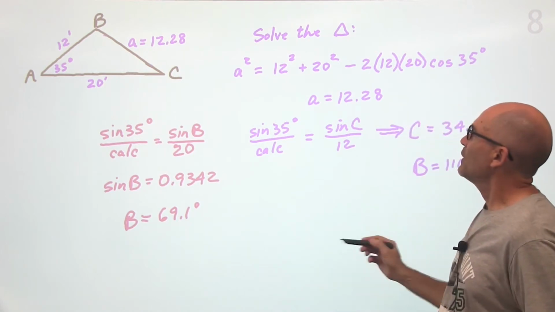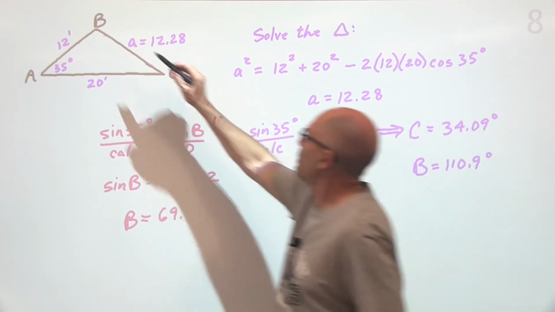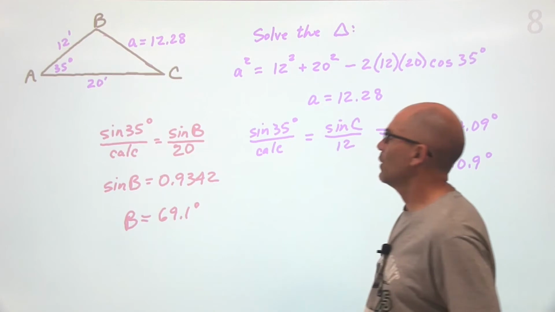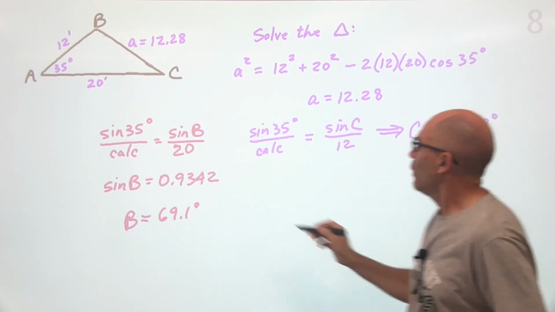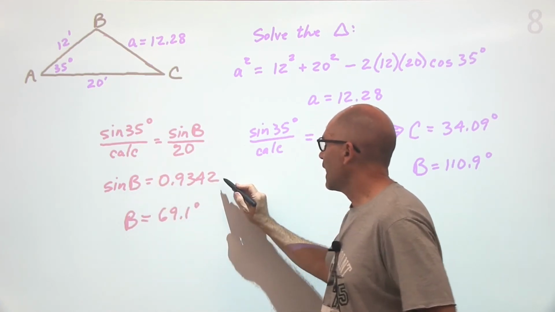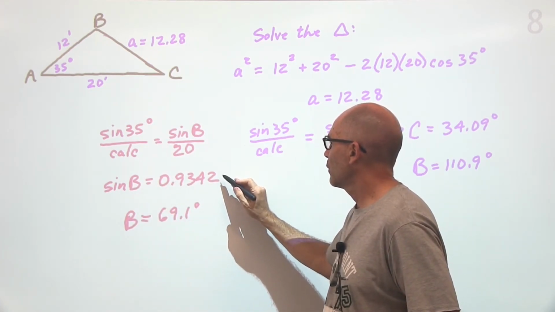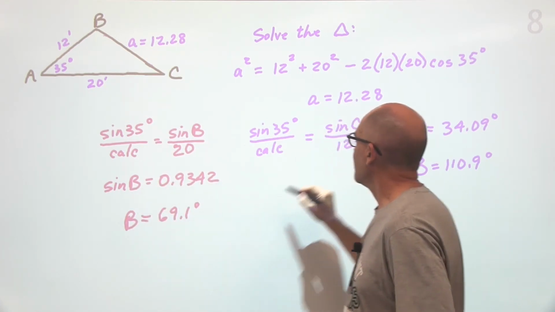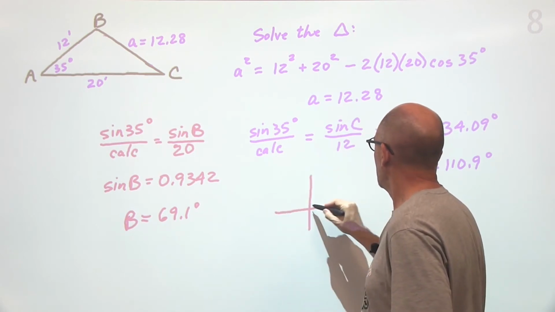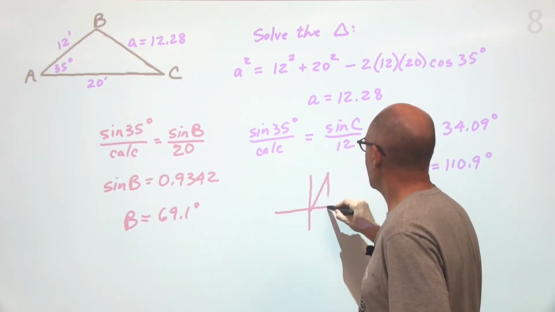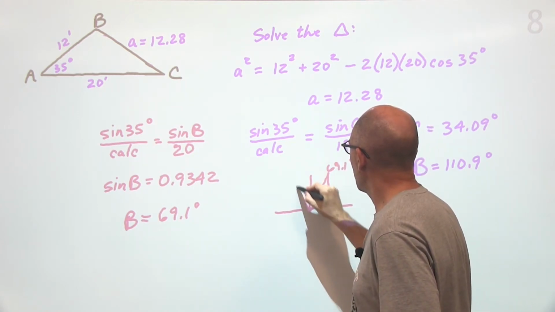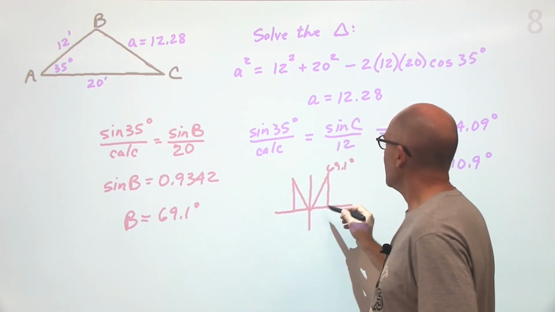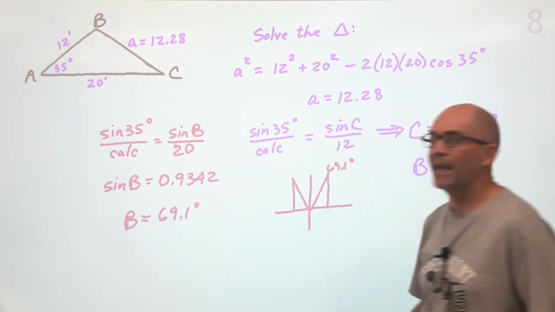Well, notice there's no way that angle B can be 69.1 degrees. What went wrong? Well, this is correct. Sine B is 0.9342, but it's actually not 69 degrees, it's the one over here that we have to get by subtracting that from 180.